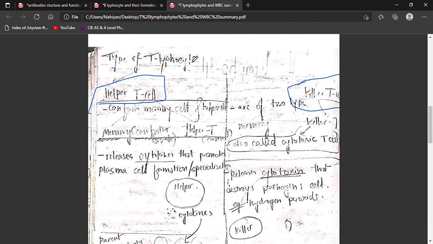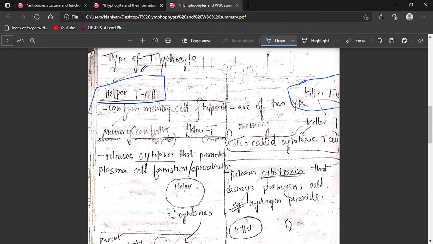The phagocytes trigger the production of T lymphocytes, and then the T lymphocytes produce helper T cells, which can divide into two: the memory cell and the helper T cell. The helper T cell releases cytokines, which promote plasma cell formation.